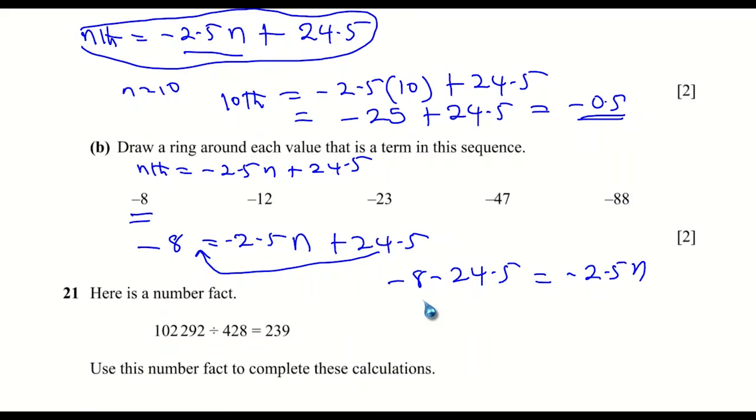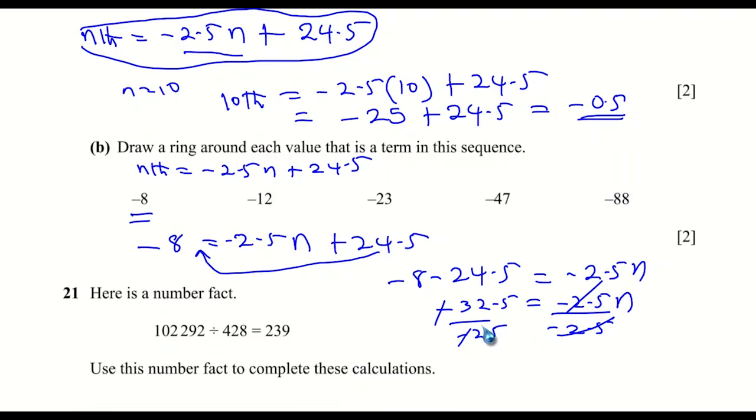Before then, you can add these two together. So this will give you minus 32.5 equals negative 2.5n, and finally divide both sides by negative 2.5. Okay, I just want to show you. We cancel minus with minus.